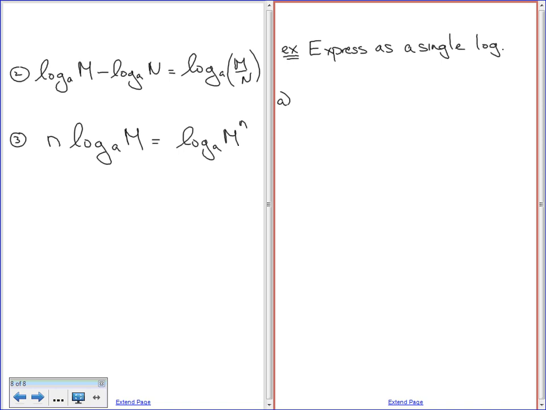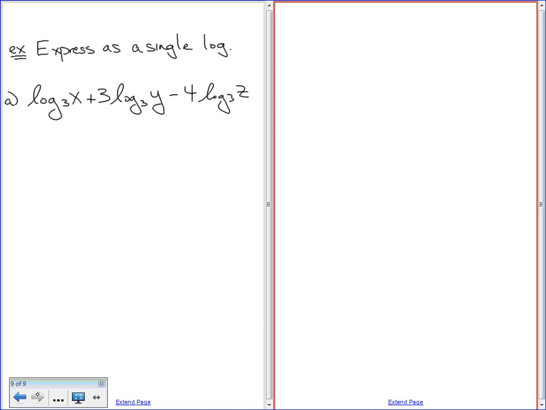First question, I want to take the expression, the log of x to the base 3 plus 3 times the log of y to the base 3 minus 4 times the log of z to the base 3, and write it as a single logarithm. So I want it just to have log and then the inner parts.